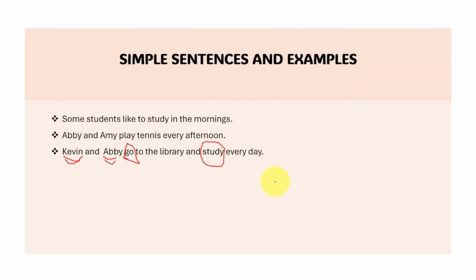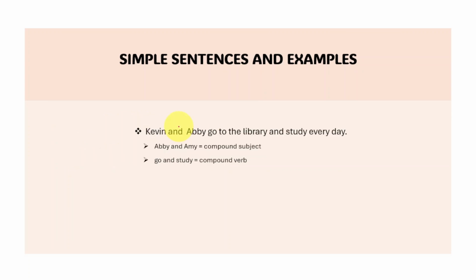We also have a compound verb. You can see it. Now, when you take a look here, we have two subjects and only one verb. Here, we have some students like to study. Okay, so we come here. Kevin and Abby go to the library and study every day.